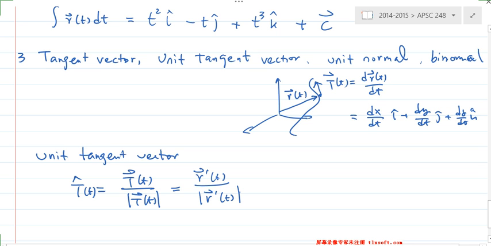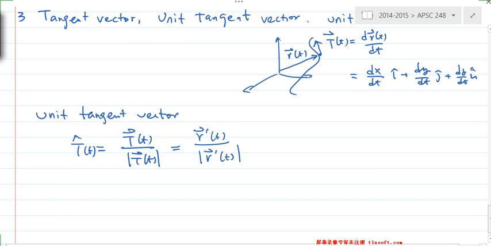There is an alternative formula for the unit tangent vector. We've been saying the position vector is a function of t, so at a different t you are at a different location. r of t is essentially a parametric equation: x of t, y of t, z of t.